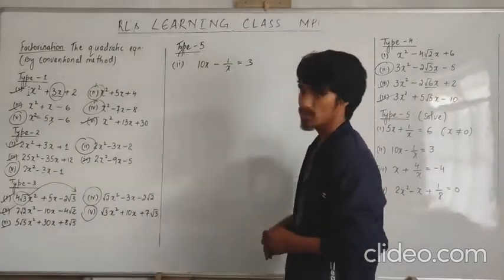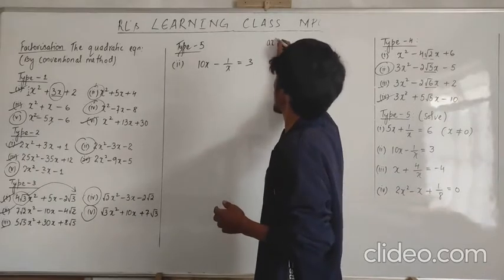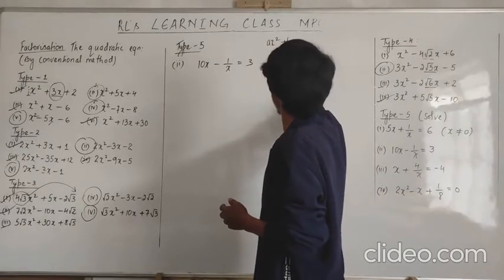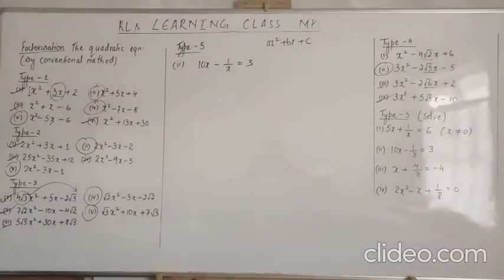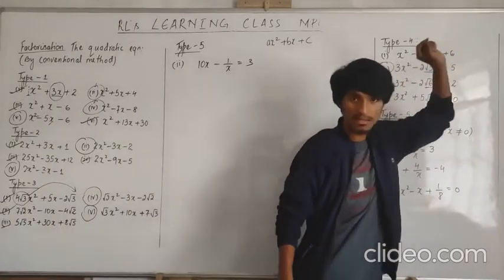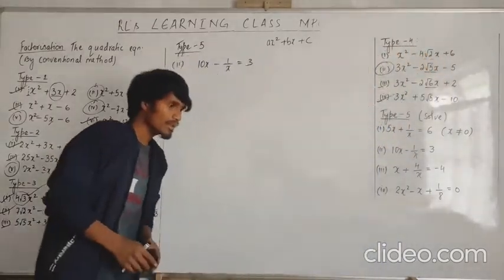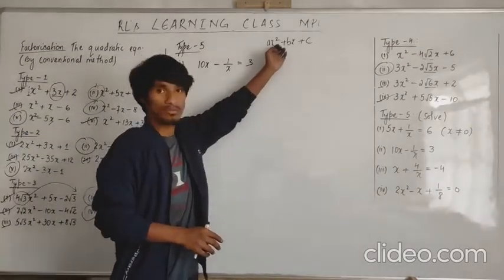Whenever this type question is, always try to arrange this question in ax squared plus bx plus c. Always arrange it in this form. Because look, this one also ax squared plus bx plus c. This one also, this one also, this one also. Then same for this type question also we have to arrange, convert it to this form.